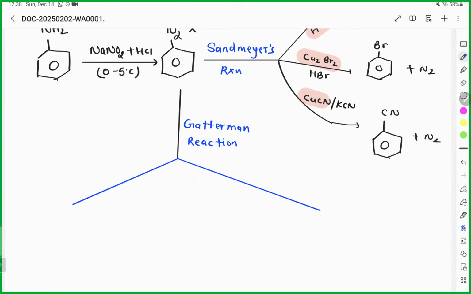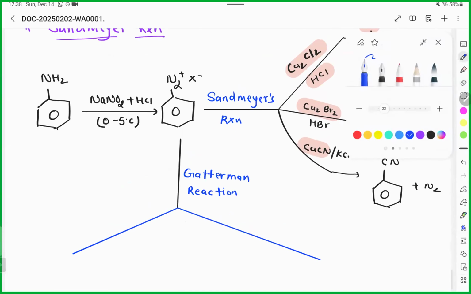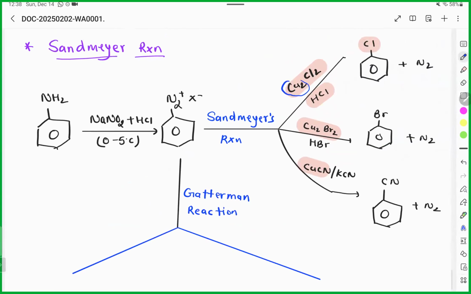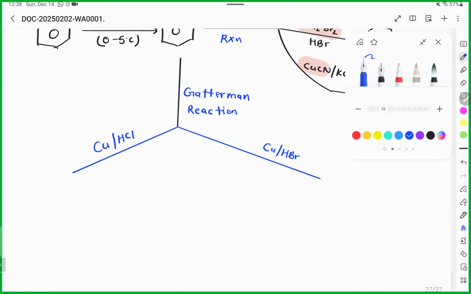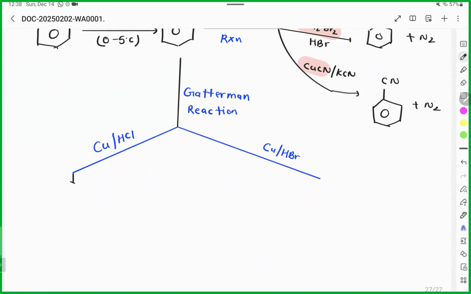Instead of copper halide, where copper was present as copper 1 positive, correct? Here copper is present in powder form, with HCl, and copper powder with HBr. Same thing, exactly, there is no difference. Here you will form chlorobenzene, here you will form bromobenzene.